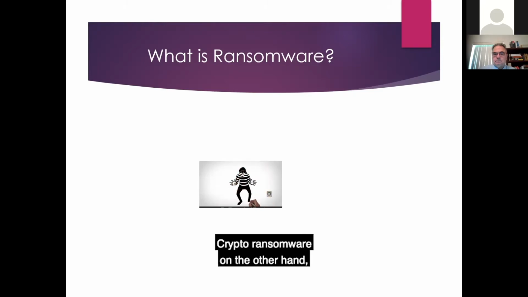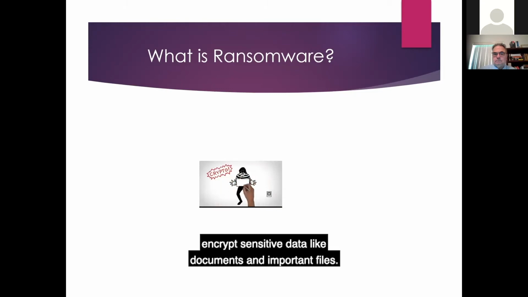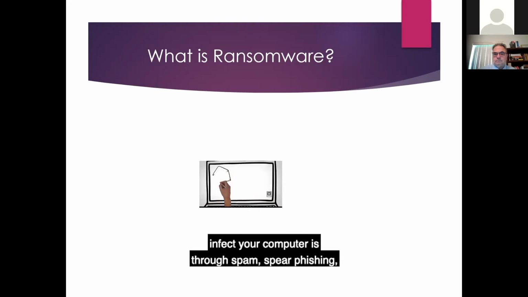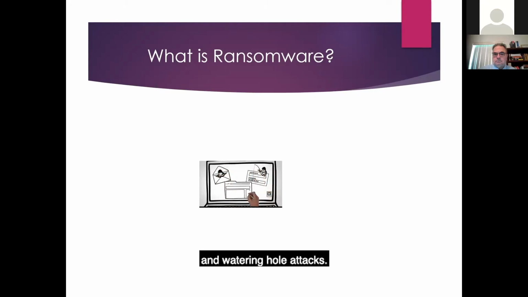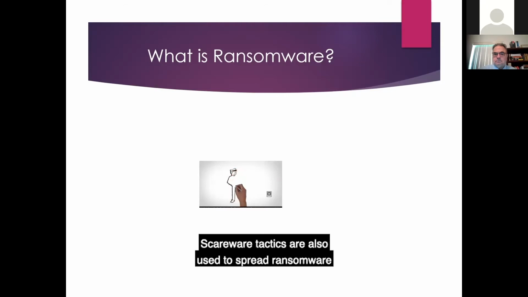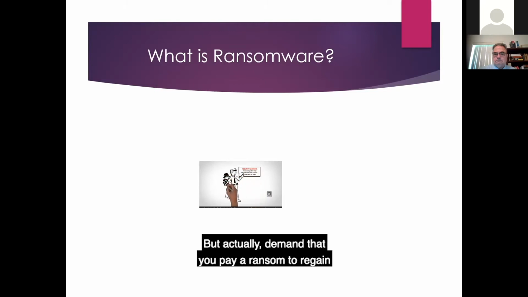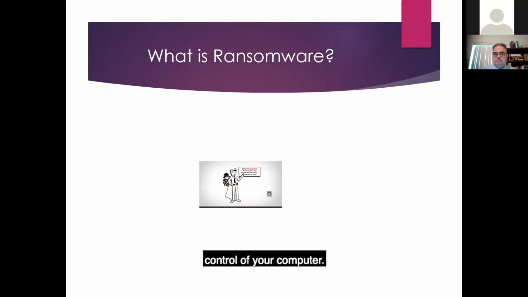Crypto ransomware, on the other hand, encrypts sensitive data like documents and important files, threatening to destroy them unless you pay a fee. The three main ways ransomware can infect your computer is through spam, spear phishing, and watering hole attacks. Scareware tactics are also used to spread ransomware by creating fake software or messages purporting to be from a legitimate source, but actually demand that you pay a ransom to regain control of your computer.